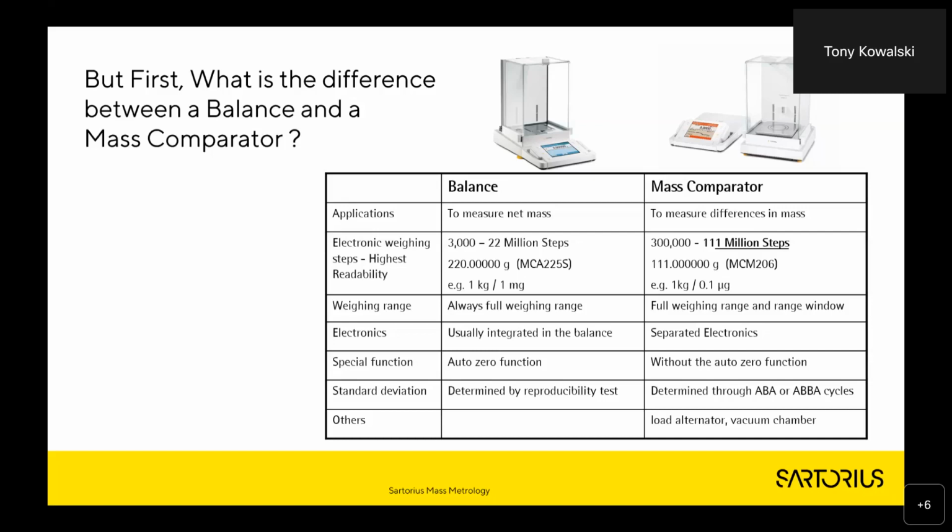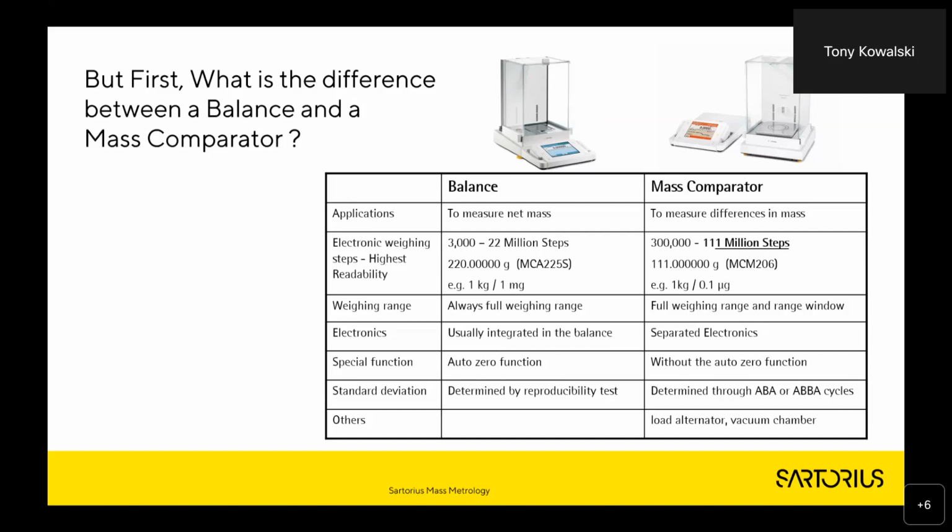A mass comparator, we don't do that. We never write down the actual result on the display of an object. We are normally using it to measure a small difference in mass. So we would, for example, have our reference weight and our test weight that we're looking to calibrate.